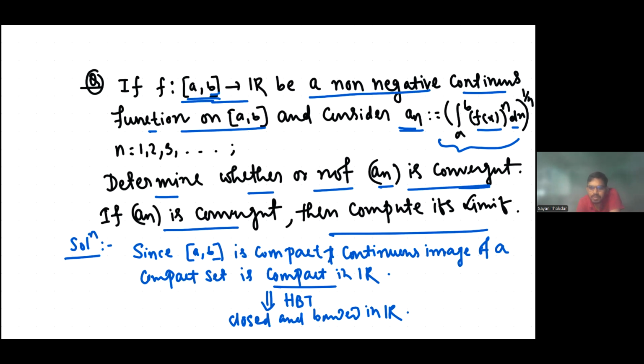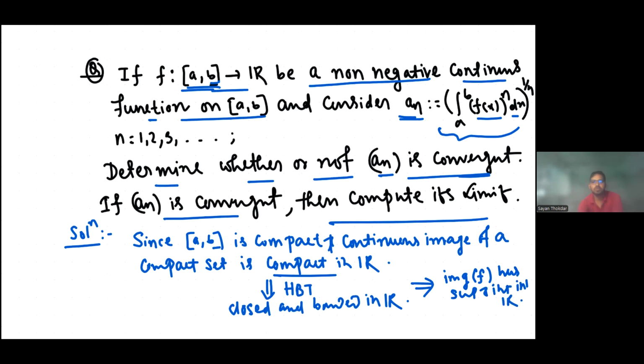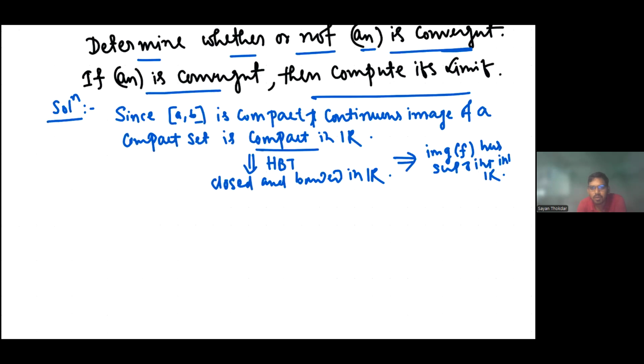So by the completeness axiom of R, the image of f has a supremum and an infimum in R. So every non-empty bounded subset of R has an infimum and a supremum. Is it clear till now? Everything clear, right?